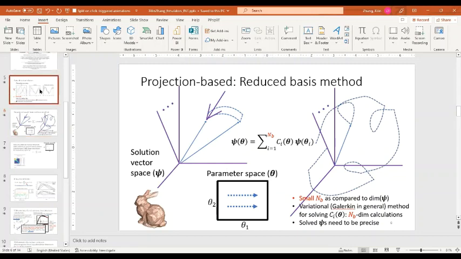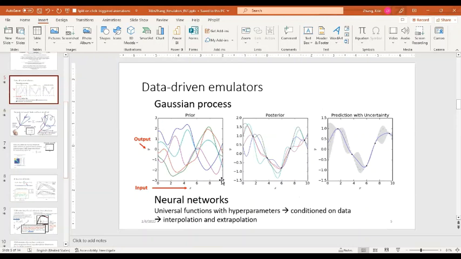And the second question is actually about this slide, right? The data-driven ones, as you said, like the Gaussian processes people have used. Neural networks do similar things. The claim is that they can approximate all continuous functions, and they have their own hyperparameters. If you calibrate those parameters against the training data, of course, you can do interpolation and extrapolation.